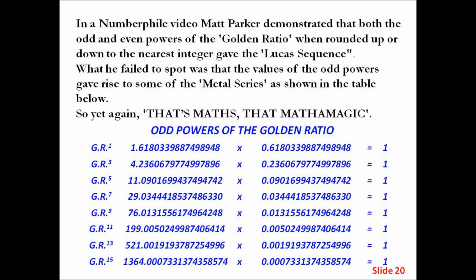In a Numberphile video, Matt Parker demonstrated that both the odd and even powers of the golden ratio, when rounded up or down to the nearest integer, gave the Lucas sequence. What he failed to spot was that the values of the odd powers gave rise to some of the metal series, as shown in the table below. So yet again, that's maths, that's mathemagic.